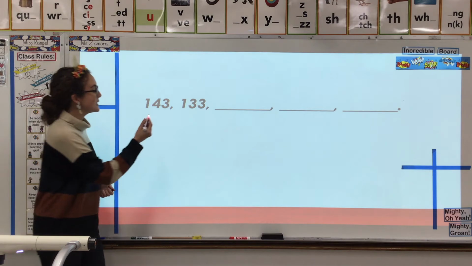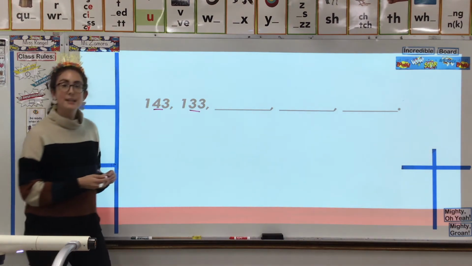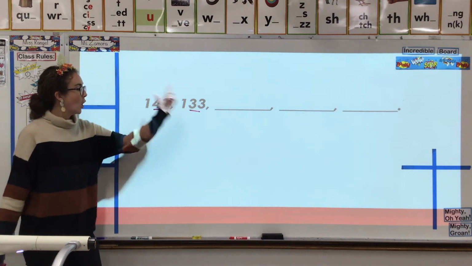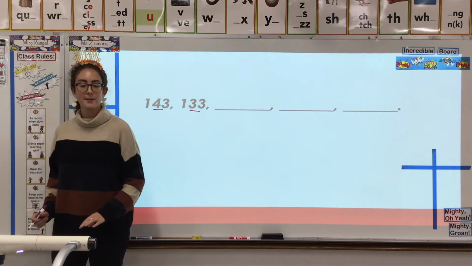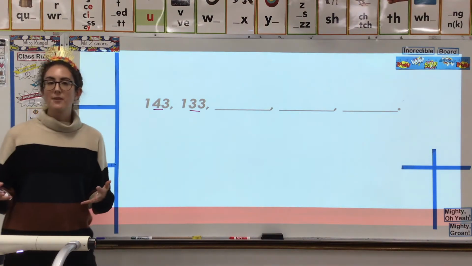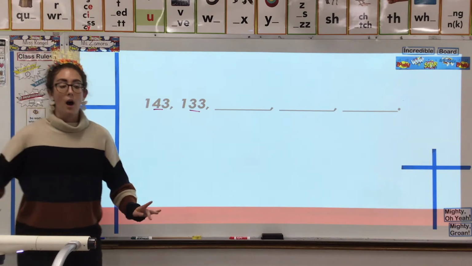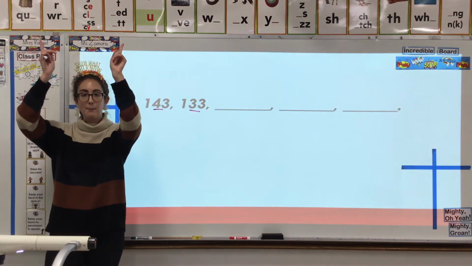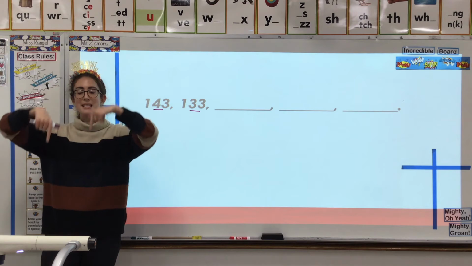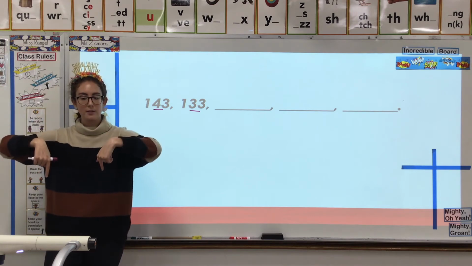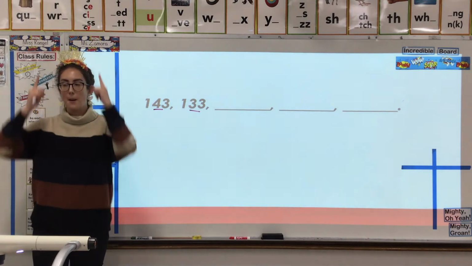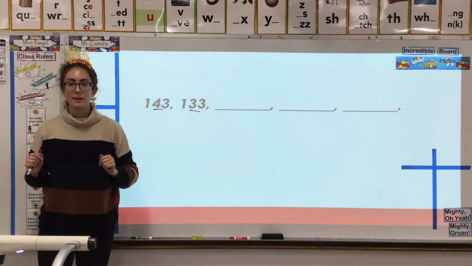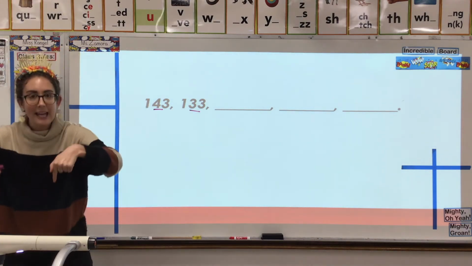The tens place is what is different between these numbers. We've got 4 tenths and then 3 tenths. I'm going to ask you that second question. Are we counting up, getting bigger, or are we counting down, getting smaller? 4 tenths to 3 tenths. It's less than every time.